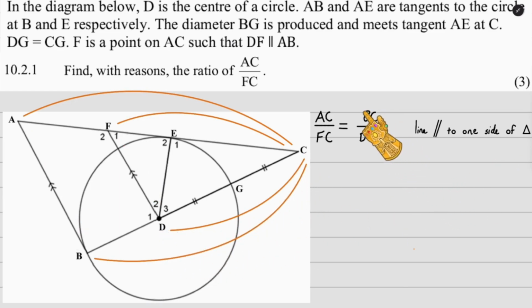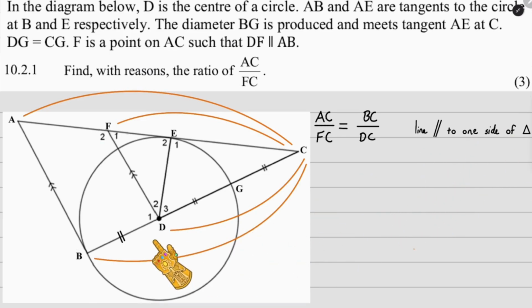And now I somehow want to try find the value of this. So BC over DC. Now remember they told us earlier that BG is a diameter. So I know that BD is a radius and DG is a radius. So they have the same length. So I'm going to put a double stroke here by BD to indicate that.